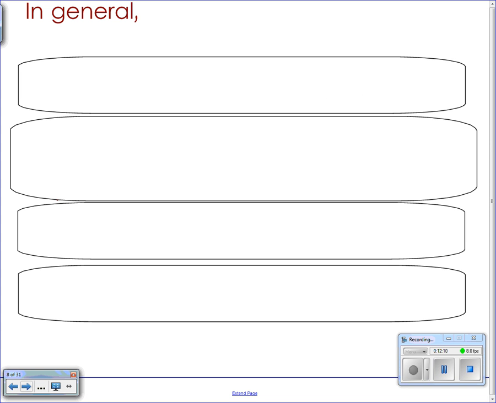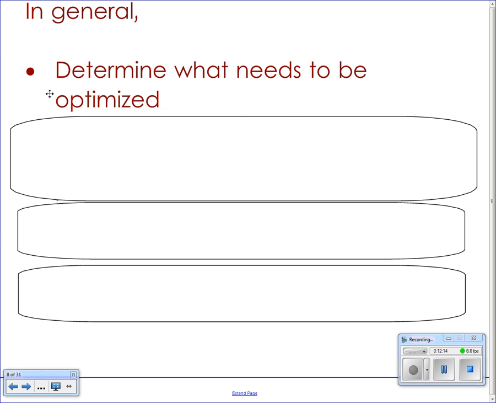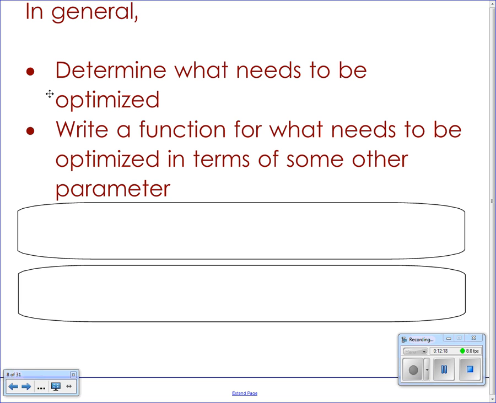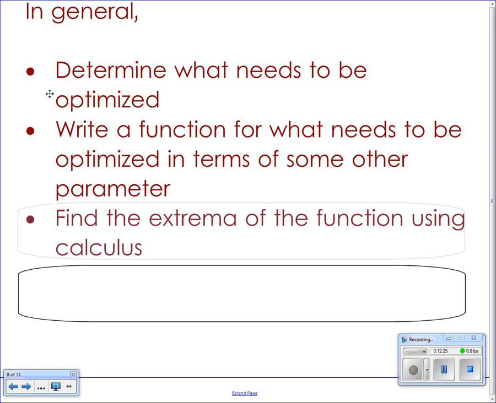So, in general, optimization problems: you need to determine what needs to be optimized. You need to write a function for what needs to be optimized in terms of some other parameter. So we did that in terms of the base width. Find the extrema of the function using calculus.